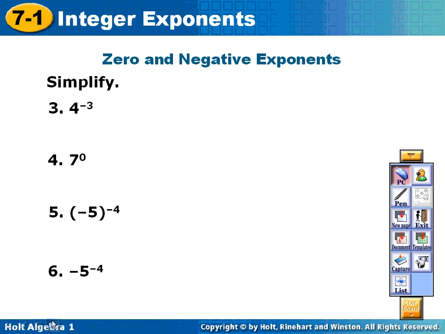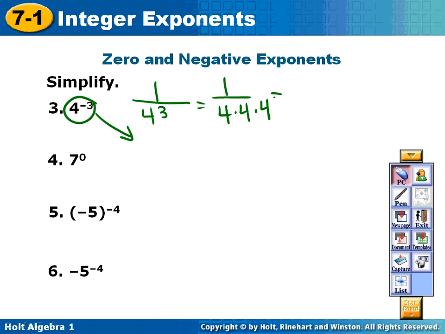Number 3. I have a negative exponent. This needs to go on the bottom, so that's 1 over 4 to the positive 3, and then that's 1 over 4 times 4 times 4, which is 1 over 64.